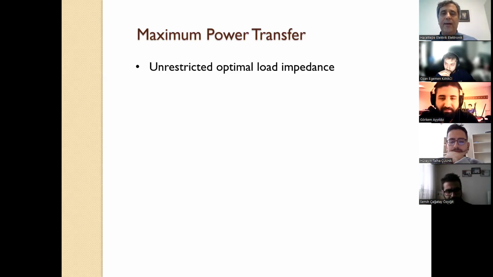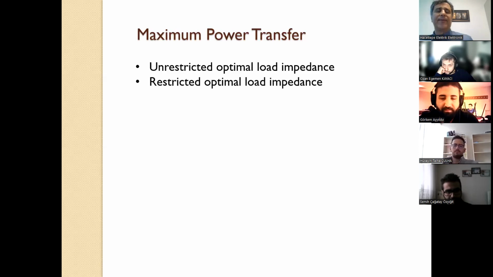We are going to divide that into two parts. One is unrestricted, which means that I can use any load from minus infinity to plus infinity. Let's say resistance cannot be negative in this particular option, so plus 0 to plus infinity. The other one is restricted. You might not have every type of load.